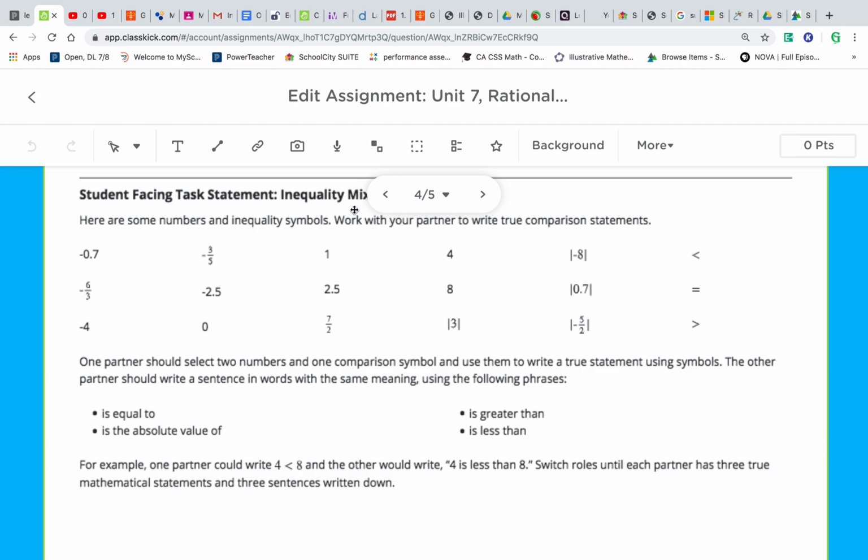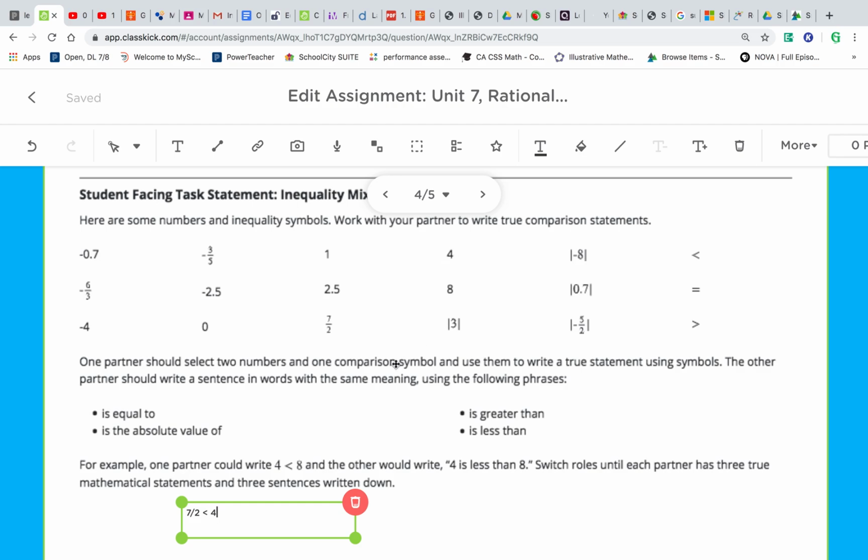All right, so for one example that we could write, if you look at 7 over 2, 7 halves, that is actually less than, say, the number 4.